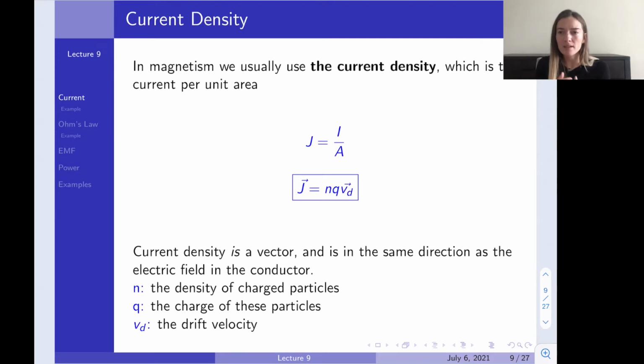But typically, your current density is always in the same direction as your current, so you don't really have to worry about the vector nature of it that much at this point, since it's always going to be evident what direction it's in, and it's not really going to matter too much for our course. But that's just an important thing to keep in mind. Current density is a vector, current is not. We're always going to have the current density in the same direction as the current in this class. So, all right. We'll be doing some examples with this in our next two lectures.